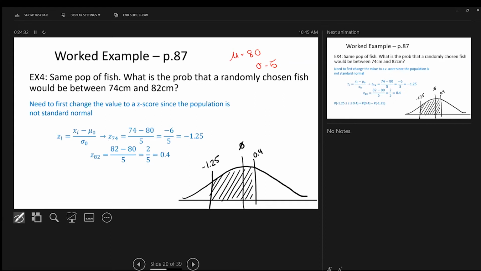So z sub 74 and z sub 82. So we're calculating a z-score for 74 and a z-score for 82. 74 is negative 1.25 standard deviations away from the mean, and 82 is positive 0.4 standard deviations away from the mean.